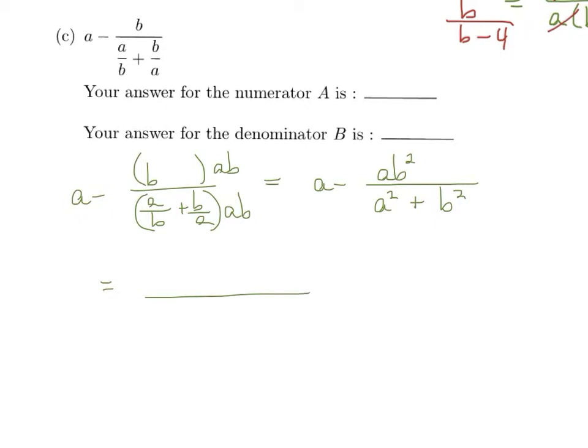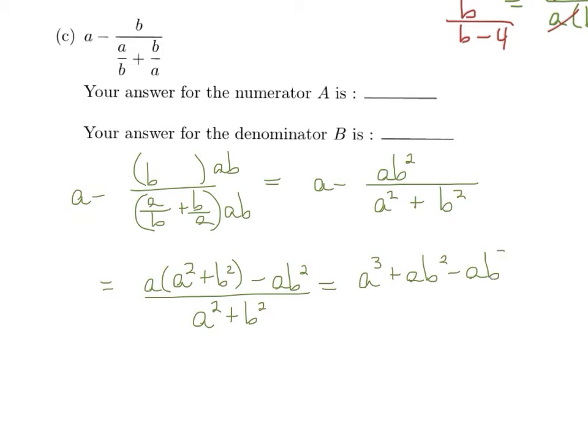And then I want to put everything over a common denominator. So I have to multiply a by a squared plus b squared, and then minus ab squared. So that's a cubed plus ab squared minus ab squared over a squared plus b squared.